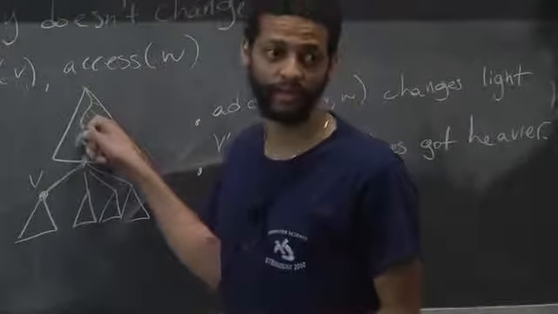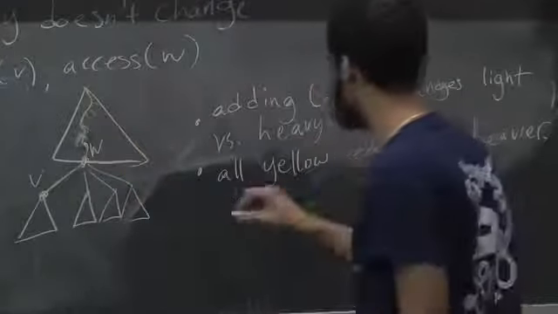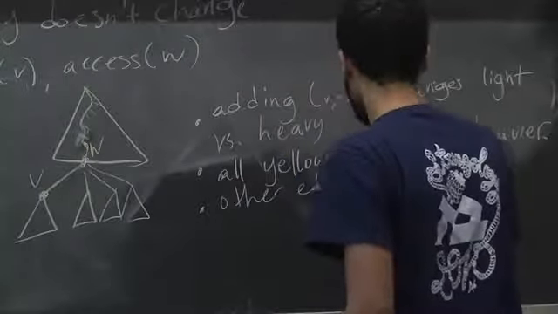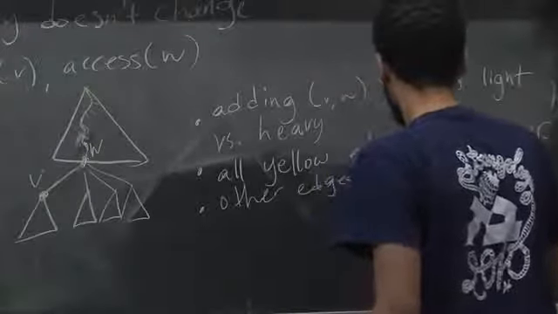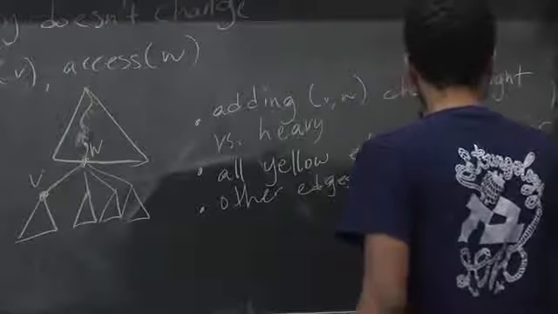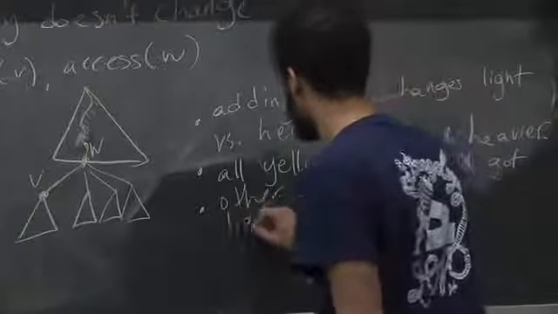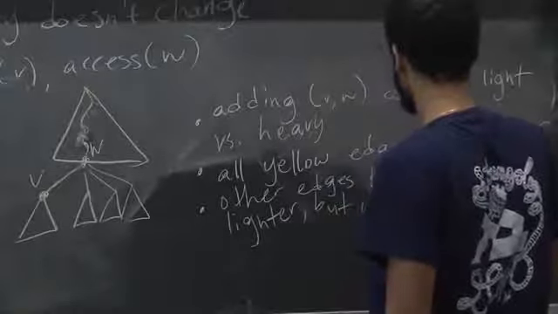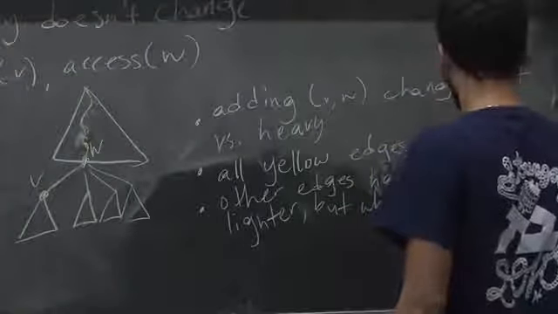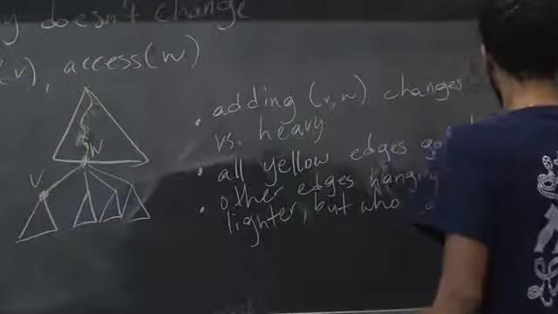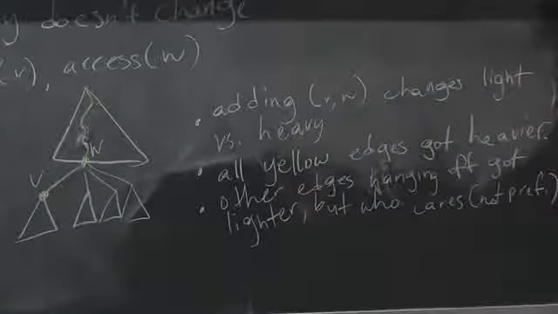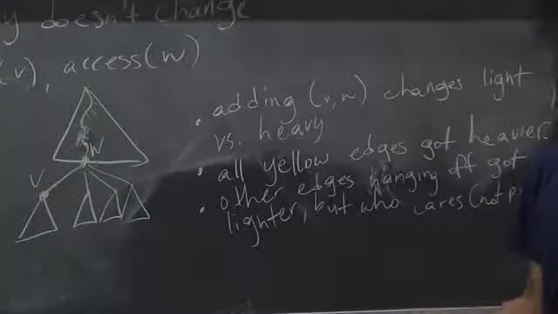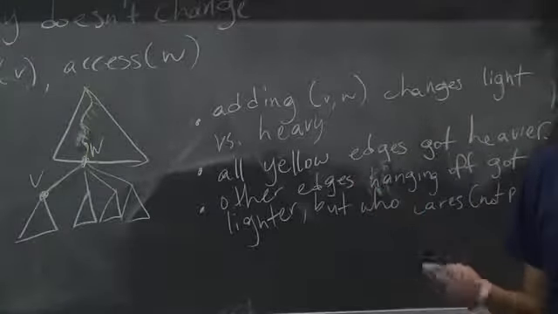Well, it's not a preferred child, right? So other edges hanging off got lighter, but who cares because they're not preferred. But the yellow edges that got heavier, that might result in some heavy edge creations. But we're not counting heavy edge creations anyway, so we don't care either.